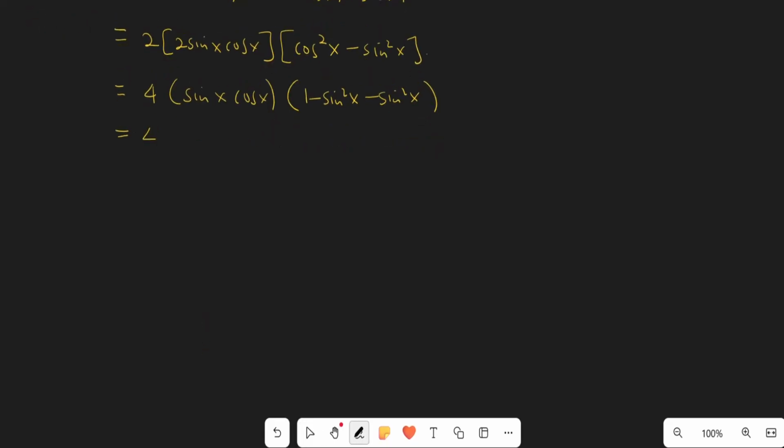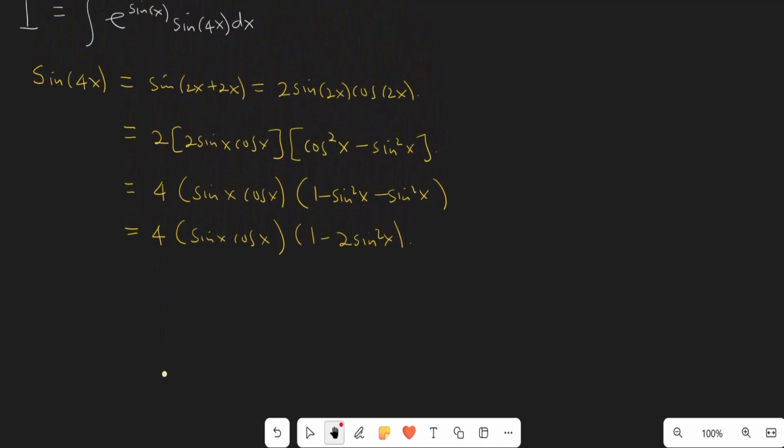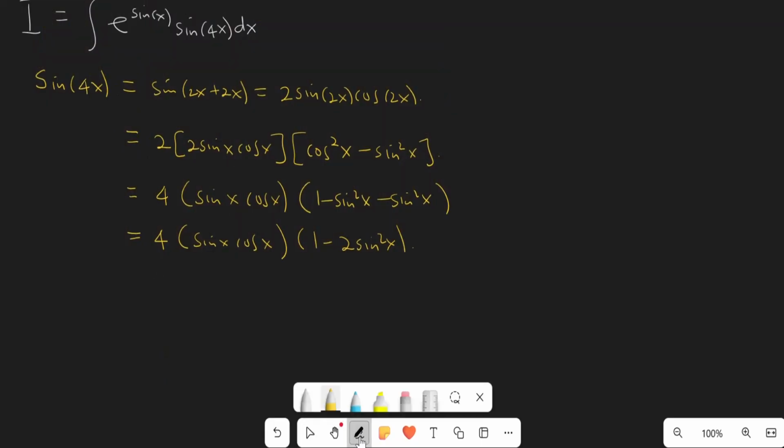And what does this one simplify to? This one is 4 sine of x cosine of x, and then 1 minus 2 sine square x.